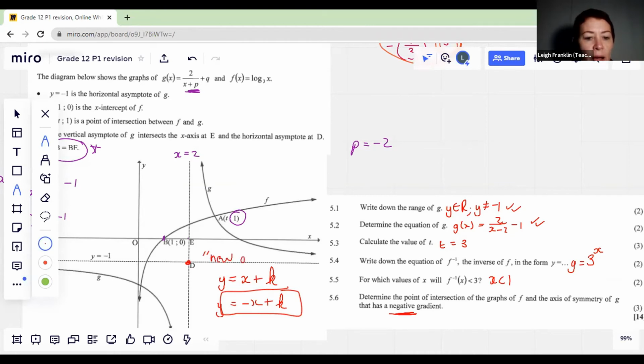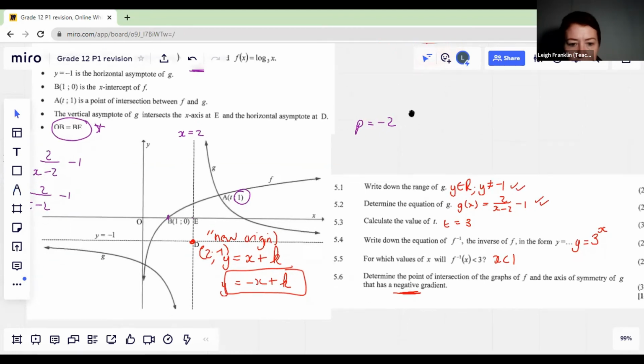In other words, our hyperbola has been shifted to the right and shifted down, so our origin is not at 0 and 0 anymore. D is now the new origin and its coordinates are 2 and -1. So there's your x and y to sub in. Okay, if you learn this, it's so quick and easy.